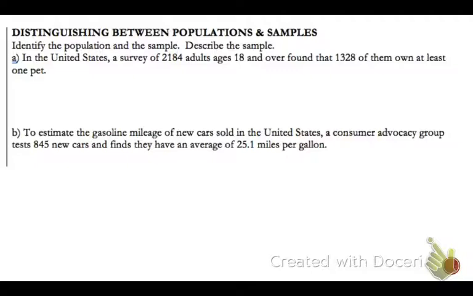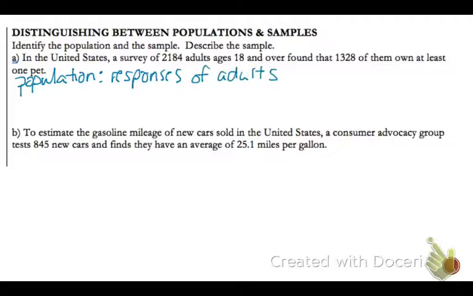So the first question is, what is the population? So what is the group that in this you are trying to find out information about? So your population is those that have responded, so the responses of adults that in this case are age 18 and over.